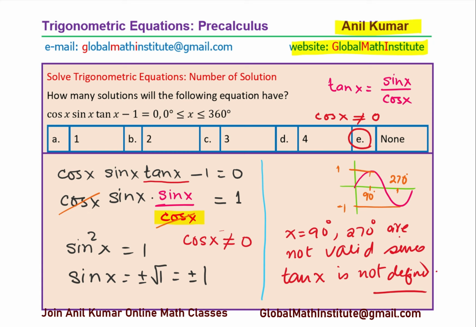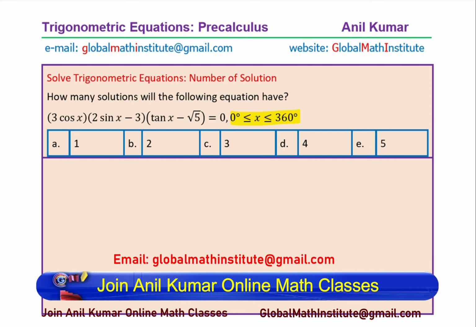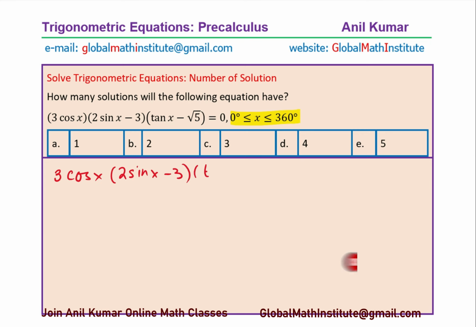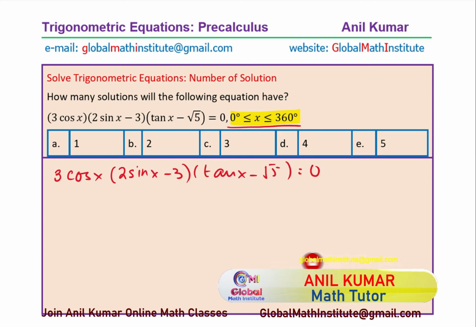Perfect. Now let's move on to the second question. There is no trick in it; it's a straightforward question. Let's rewrite the question: (3 cos x)(2 sin x minus 3)(tan x minus square root 5) equals 0. You need to find the solutions between 0 and 360.